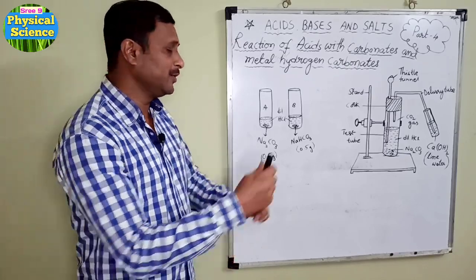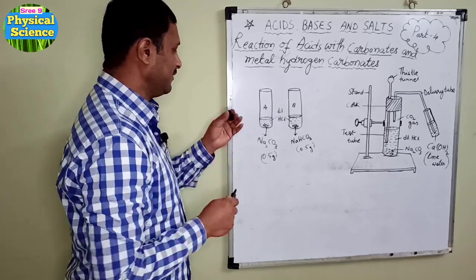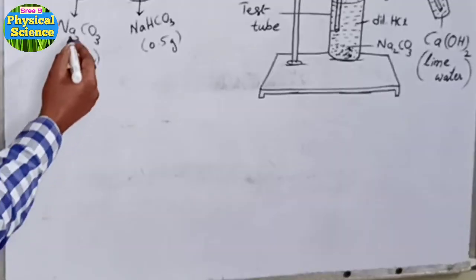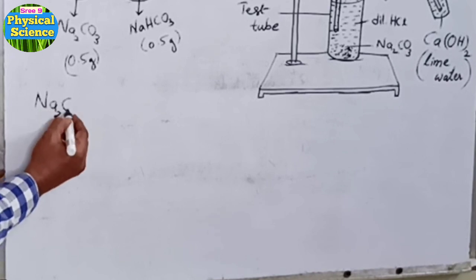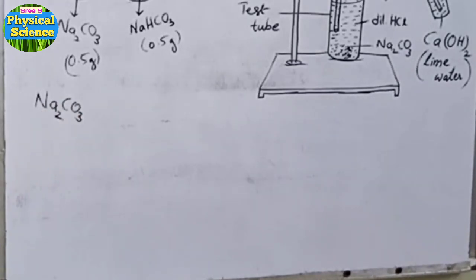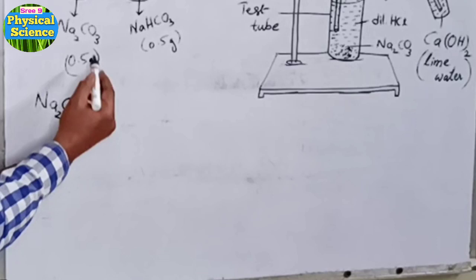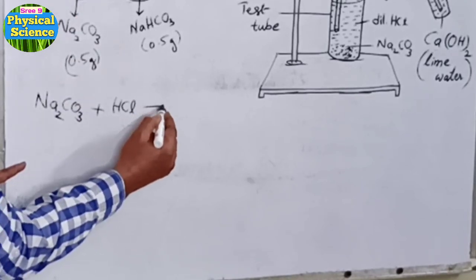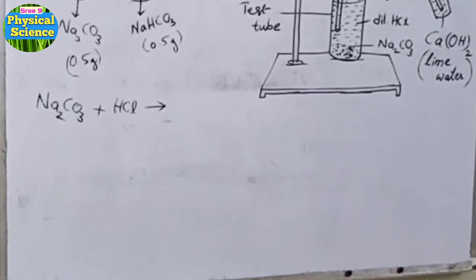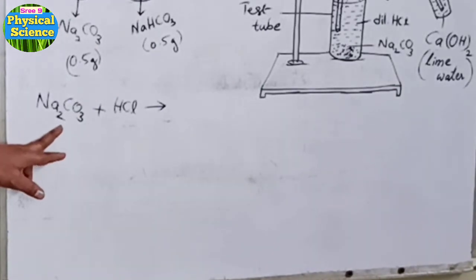You are going to write chemical equations. What is happening here? The first one, what we have taken, Na2CO3, plus what is added, dilute hydrochloric acid. Now what happens here? Obviously carbon dioxide gas is produced, then sodium carbonate.